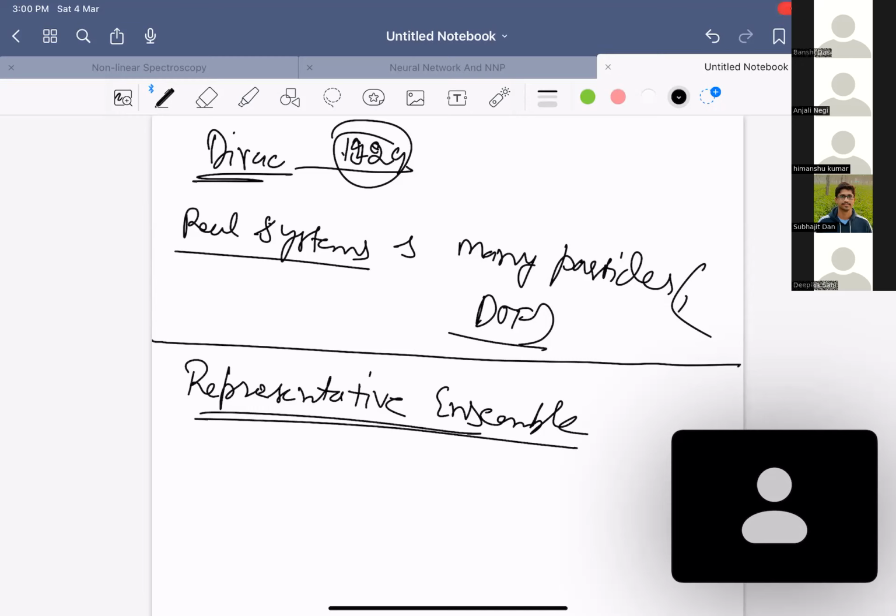Representative ensemble. This representative ensemble is basically a collection of identical systems, and it's not the whole physical thing, but the collection of identical systems.